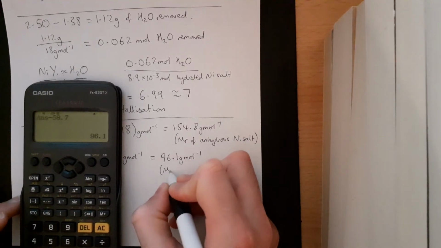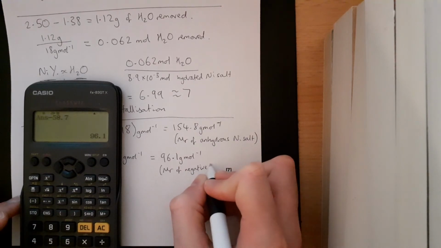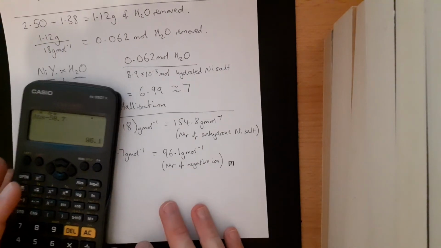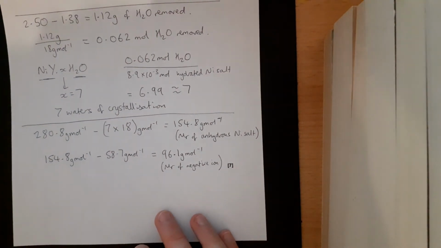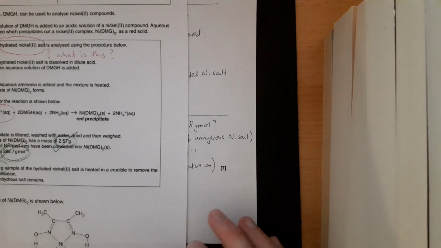So that is the Mr of the negative ion. Okay. Right. Then where do we go from here? Does it give us any other kind of a clue as to what that might be?